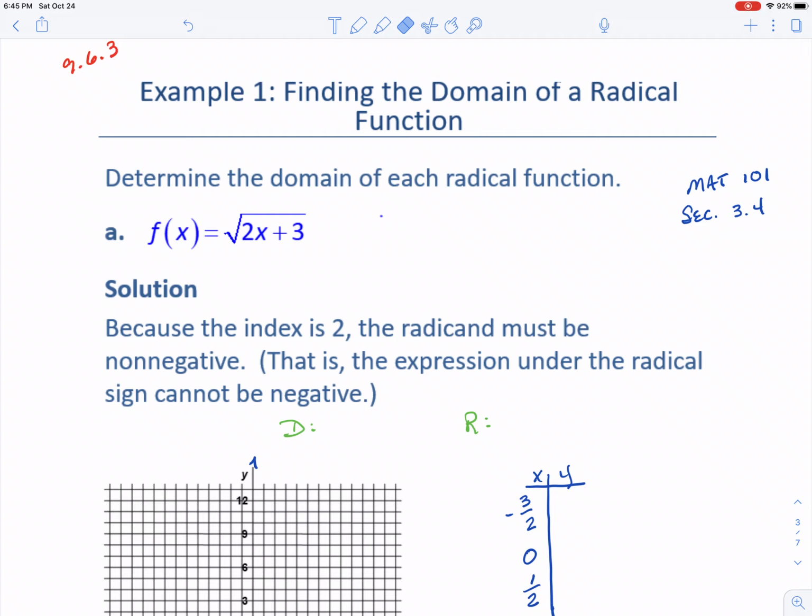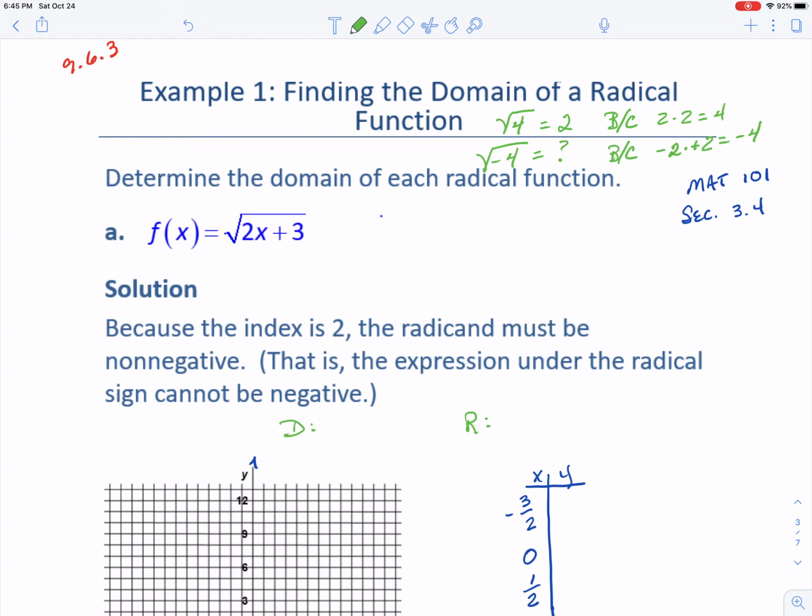Okay, so when you're taking the square root of something, you can take the square root of positive 4 because positive 2 times positive 2 is positive 4. But you can't take the square root of negative 4 in the set of real numbers because in order to come up with a negative result, one of these multipliers needs to be a positive 2 and the other one needs to be a negative 2.